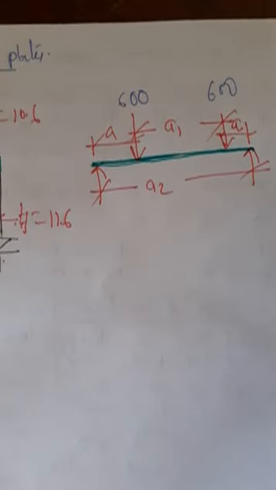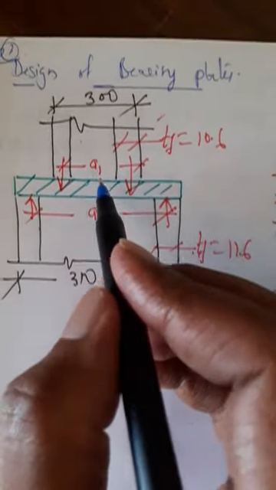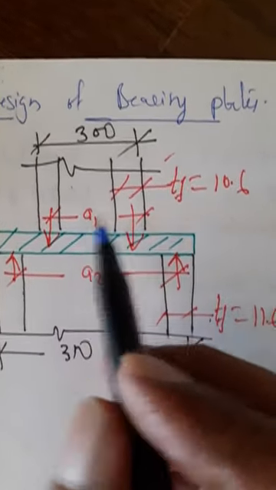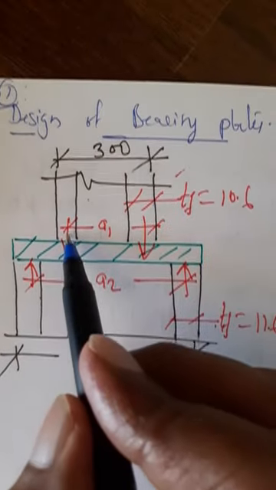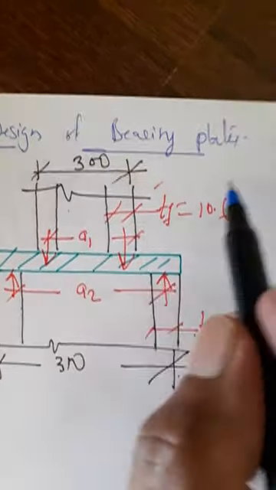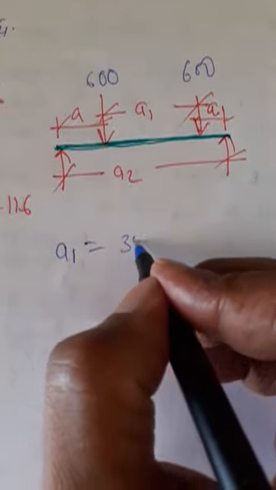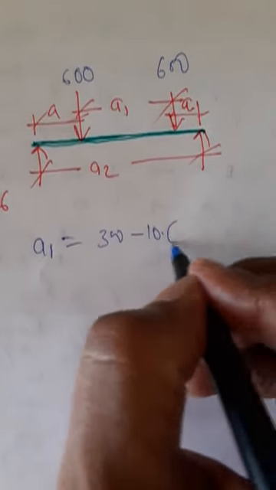Now how do you find A1? Looking at this diagram, A1 is center of this flange to center of this flange. So A1 is 300 minus 10.6 by 2 minus 10.6 by 2. So directly I will write 300 minus 10.6.